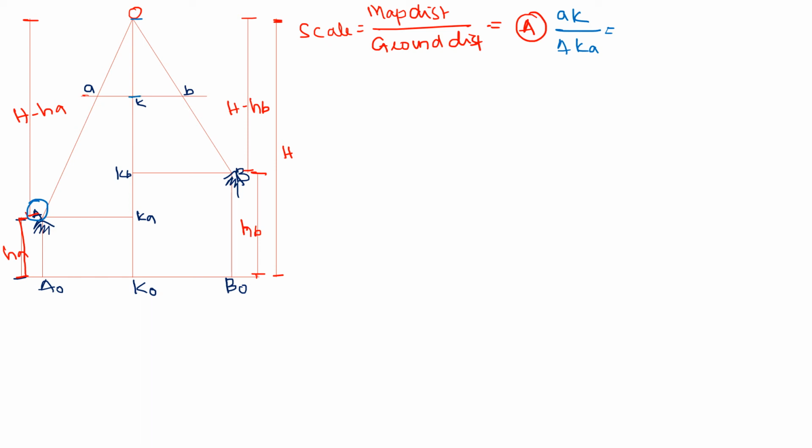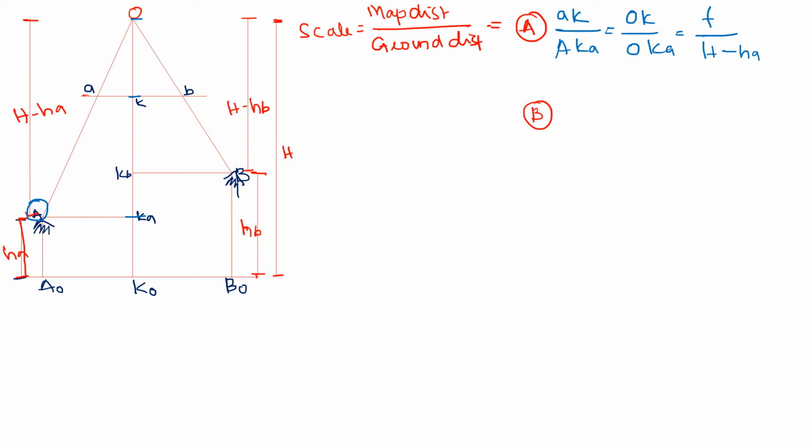So AK I can write down as OK, and AKA I can write down as OKA. As we know, OK is nothing but F, and OKA, this distance, is nothing but H minus HA.